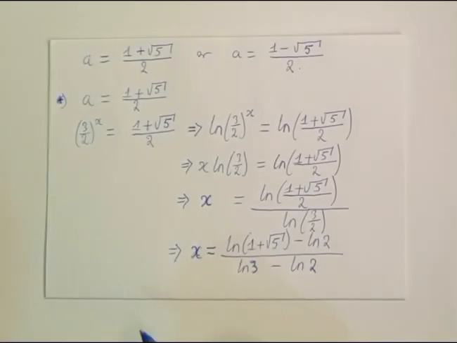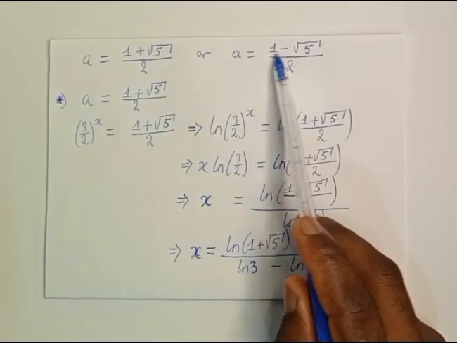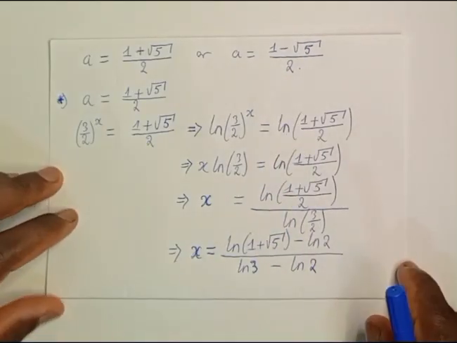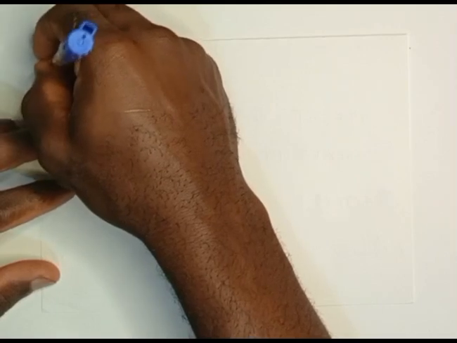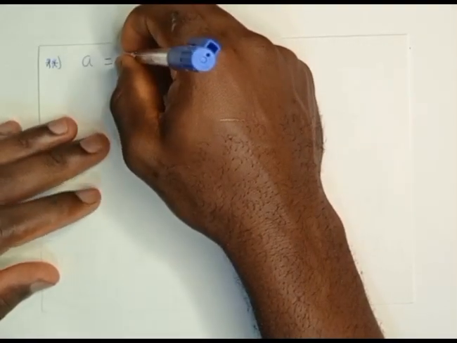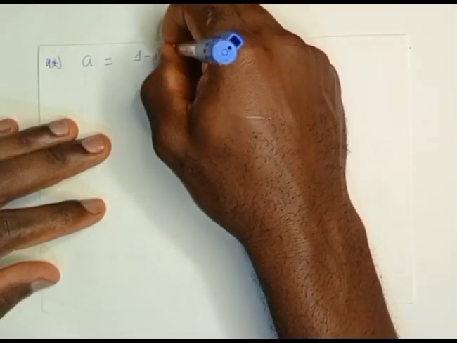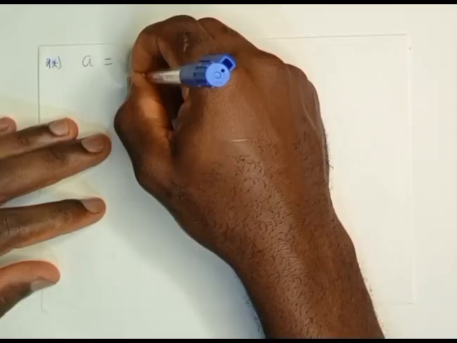Now let's move to the second solution. We have to find the second value of x for a equal to 1 minus root 5 over 2.